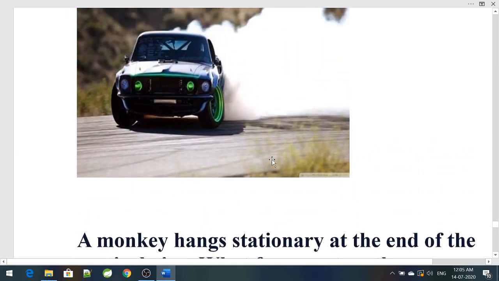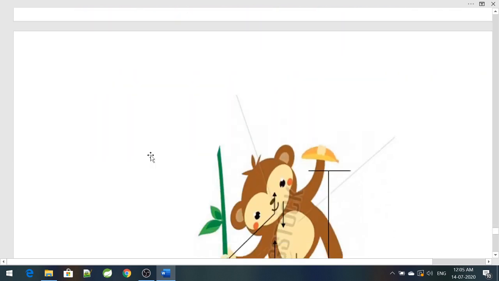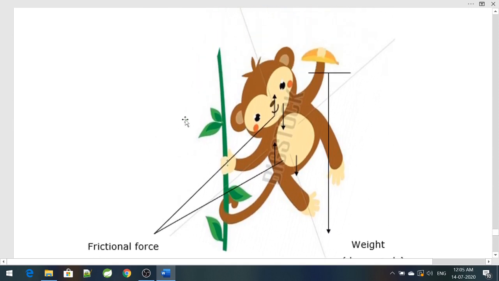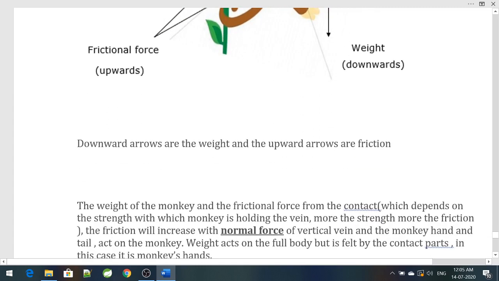See here. A monkey hangs stationary at the end of the vertical vine. What forces act on the monkey? He is holding on, so there is a frictional force upwards and weight downwards.